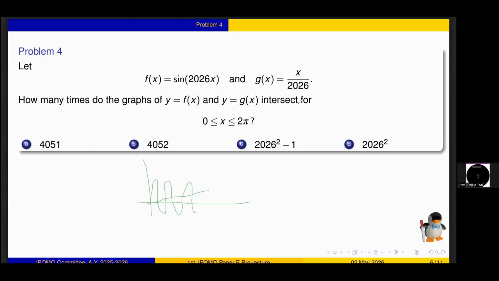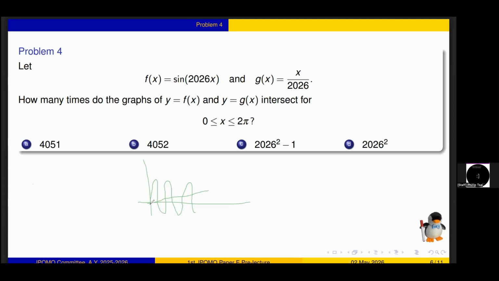In that case though, we can try to get an indicator, or make an indicator, so that we can group each pair of intersection points.